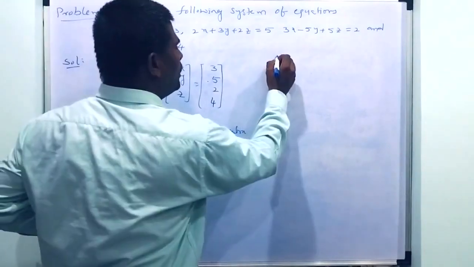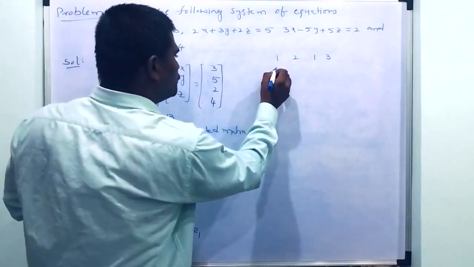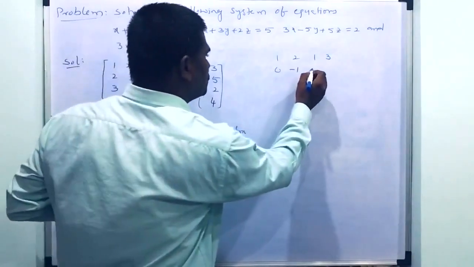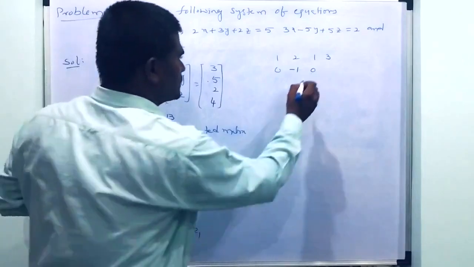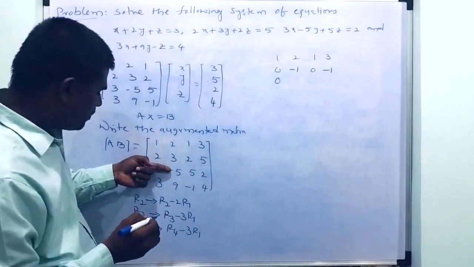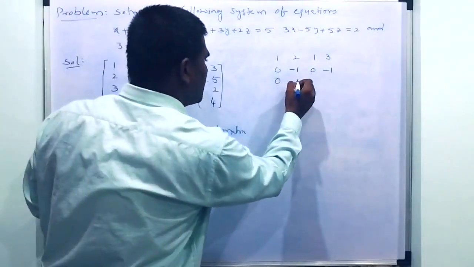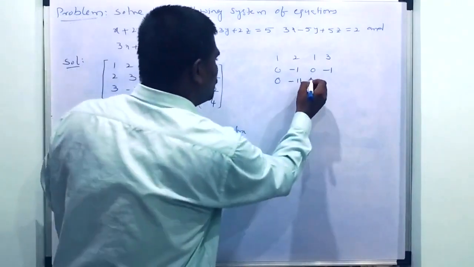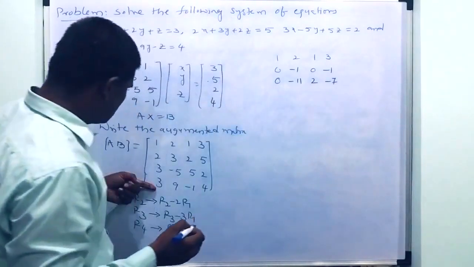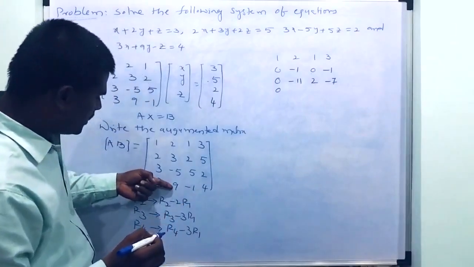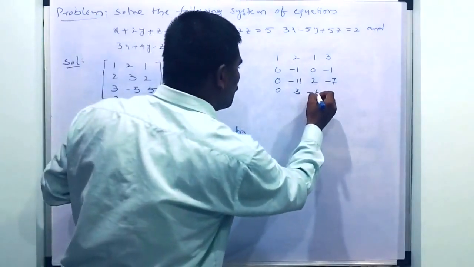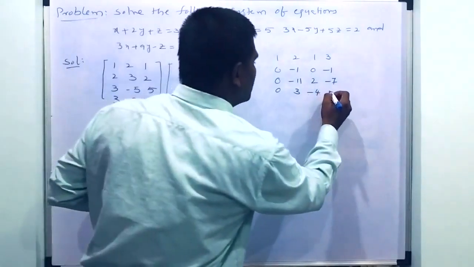If you do so: 1, 2, 1, 3; 2 minus 2 is 0, 3 minus 4 is -1, 2 minus 2 is 0, 5 minus 6 is -1; then 3 minus 3 is 0, -5 minus 6 is -11, 5 minus 3 is 2, 2 minus 9 is -7; 3 minus 3 is 0, 9 minus 6 is 3, -1 minus 3 is -4, 4 minus 9 is -5.